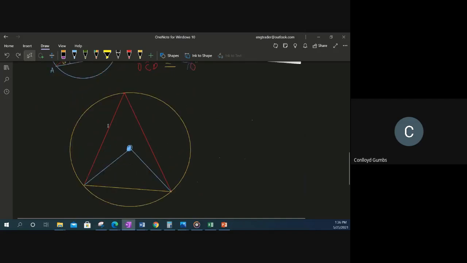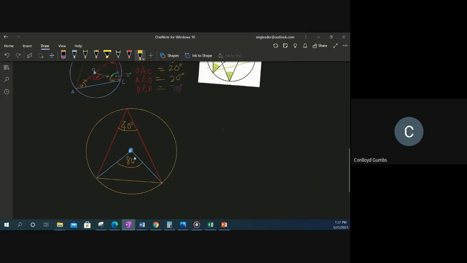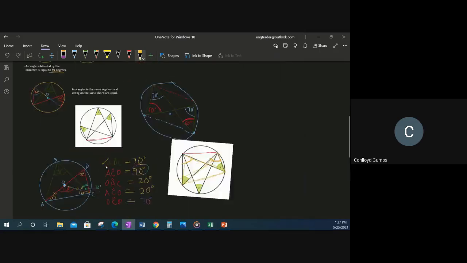Now, in a situation like this, the rule is that whatever is here, this one is twice the size of that. So for instance, if this here was 40 degrees, here would be 80 degrees. Okay, so if here's 40, here's 80, where does that come from?